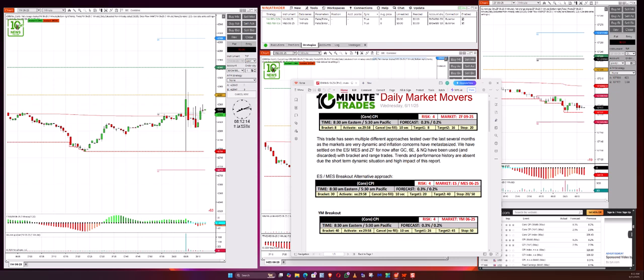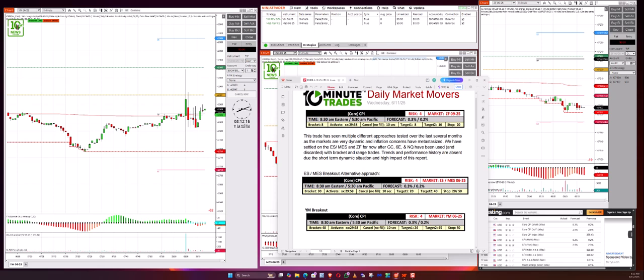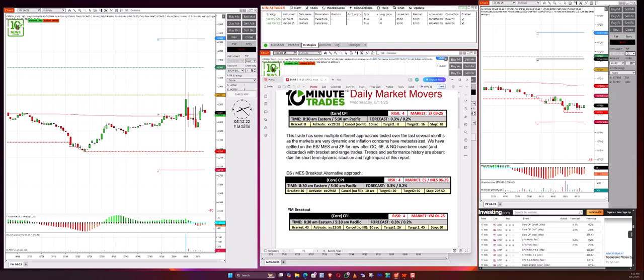And bonds have been pretty good on this report. Going back to September, there's been quite a few nice winning trades on bonds. The YM is more recent.